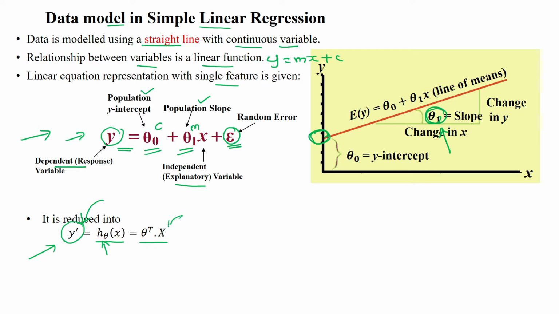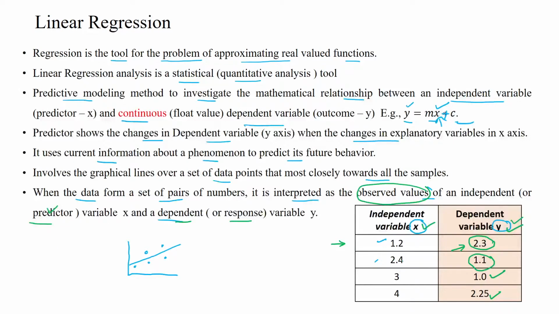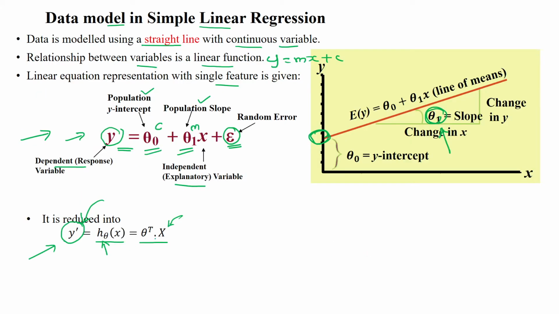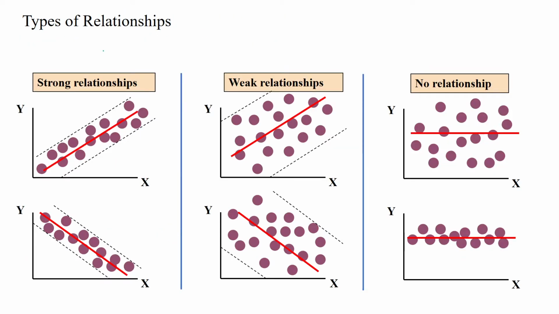X represents the feature value of the given data set, the independent variable, and theta is the slope, represented by the parameter theta in the linear equation. And we can show different relationships based upon the decision boundary which is drawn in the plot.